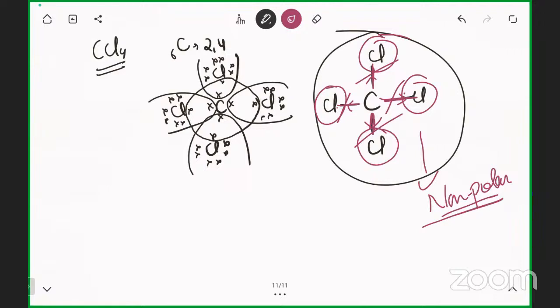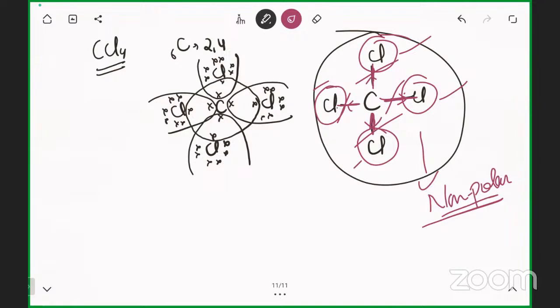Clear? See, if I'm standing in the middle of 4 people, and every person wants to take me towards themselves, but none of the people has more power, I will stay in the middle. Both these chlorines have equal electronegativities.